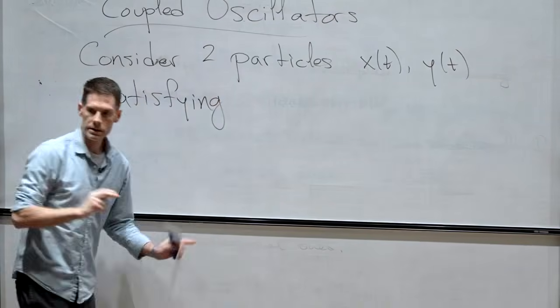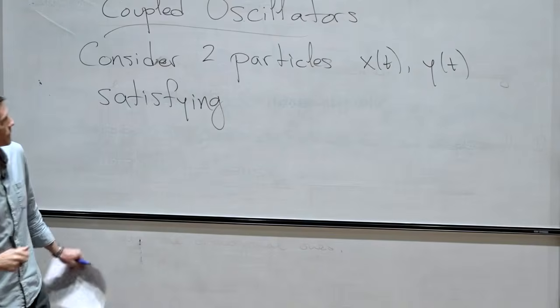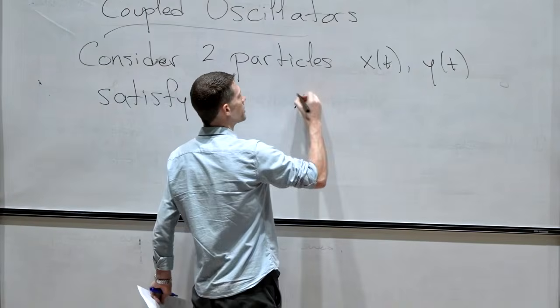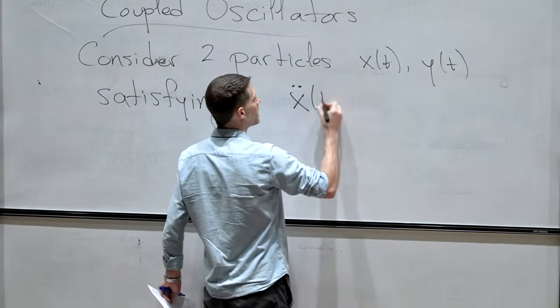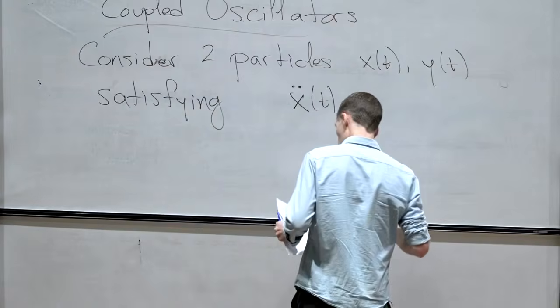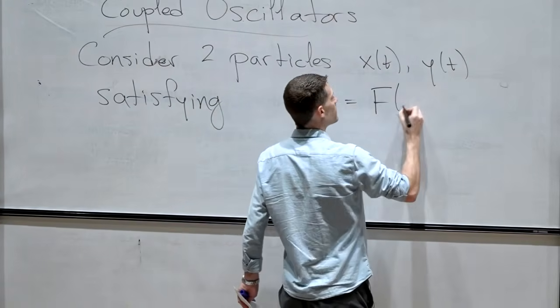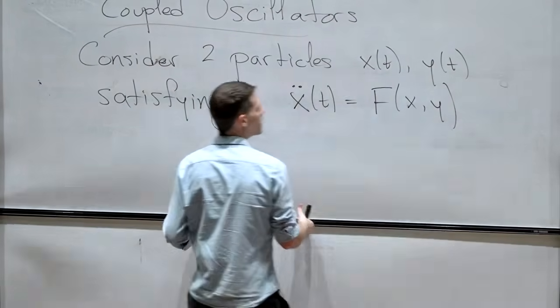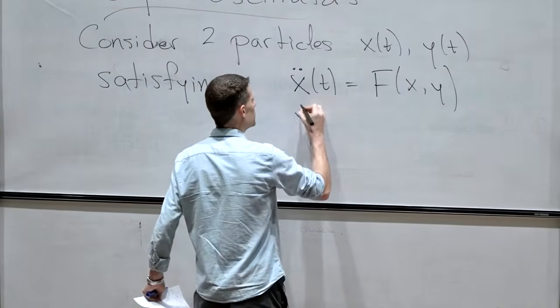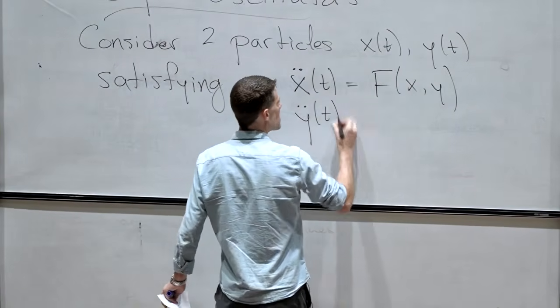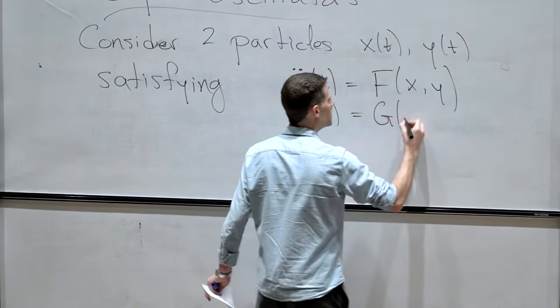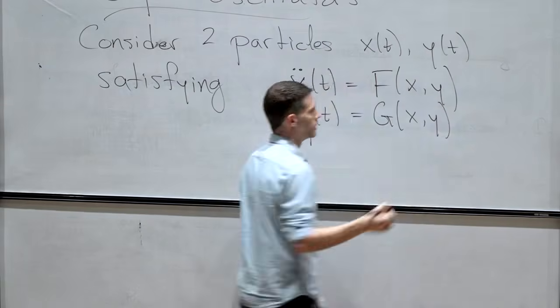Although we can think about this just generically, mathematically, it doesn't have to come from Newton's second law, but the equations we're thinking about are x double dot is some generic f of x, y, and y double dot is some g of x, y.